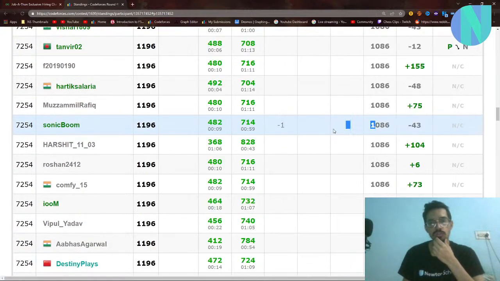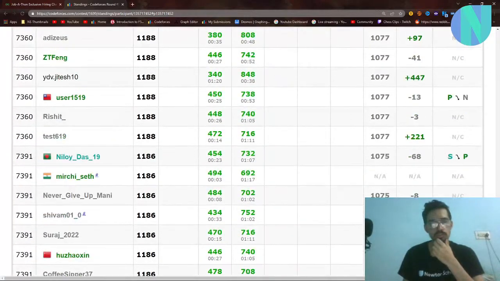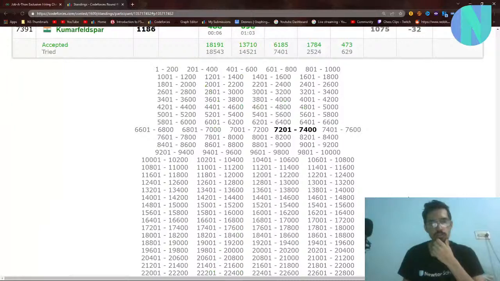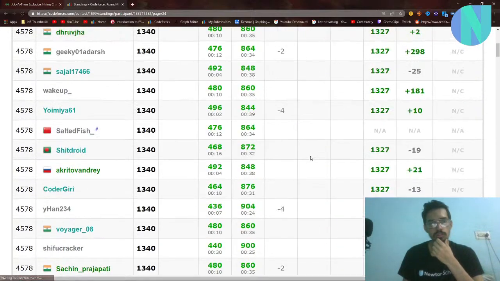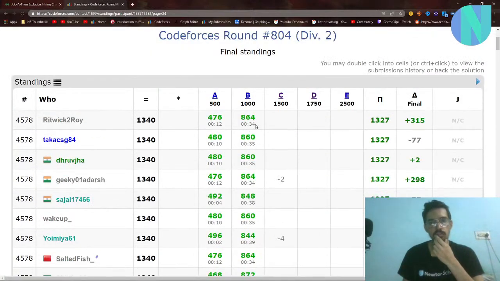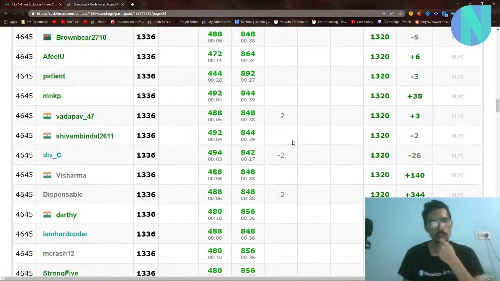Even if you solve two problems, as you see here, you solve only two problems. If we see some more ratings, your current rank is around 7,000. We check around, right? You see up to 4,000 people are only solving two problems, but they have more speed. They are solving the first two problems in 30 minutes itself. So I think you are lagging in speed.